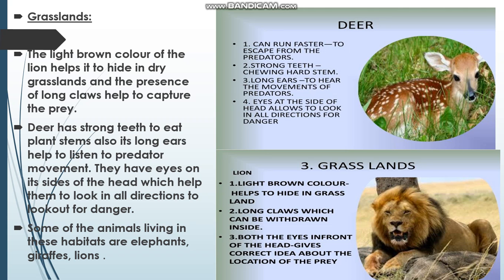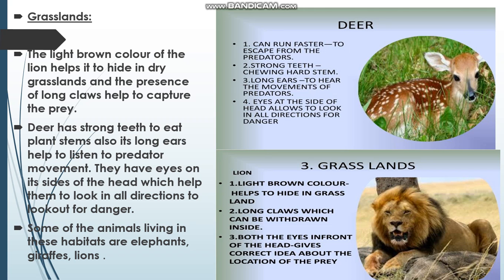Some of the animals living in this habitat are elephants, giraffes, lions, etc. So the special adaptations for the deer are: it can run faster, strong teeth to chew hard stems, long ears to hear the movement of predators, and eyes on both sides to see the predator.